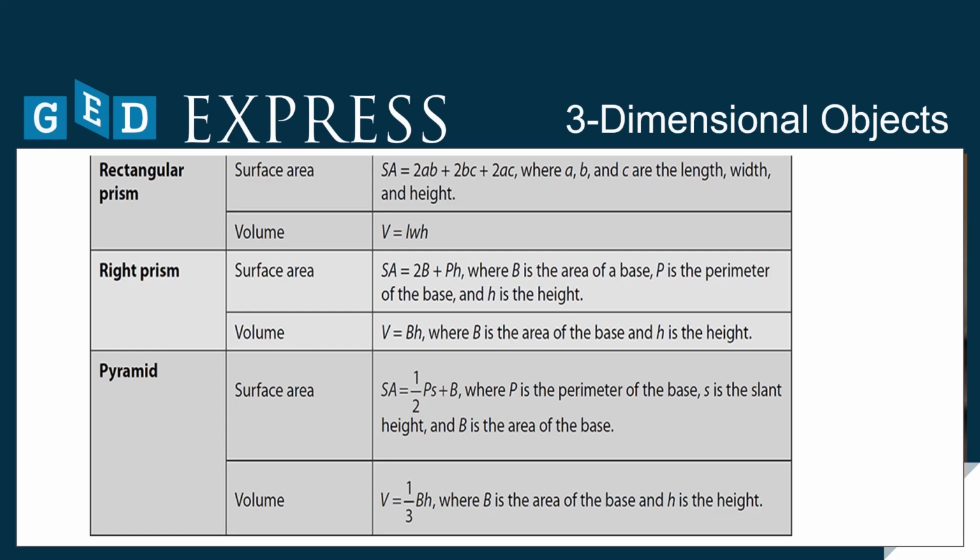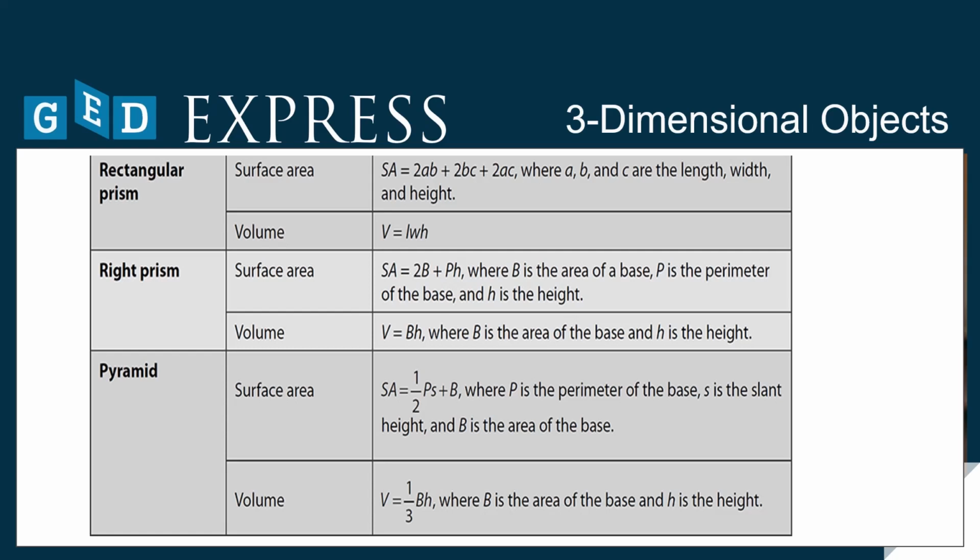Right prism, surface area is equal to 2B plus PH, where the capital letter B is the area of a base, the capital letter P is the perimeter of the base, and H is the height. For the volume, V is equal to BH, where the capital letter B is the area of the base and H is the height.